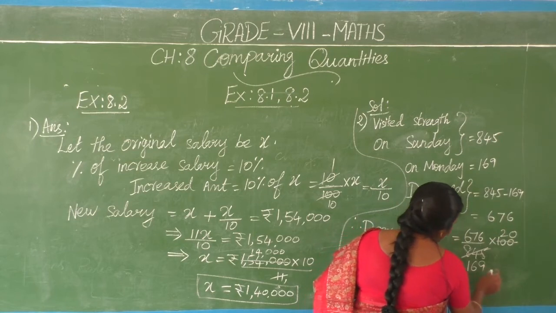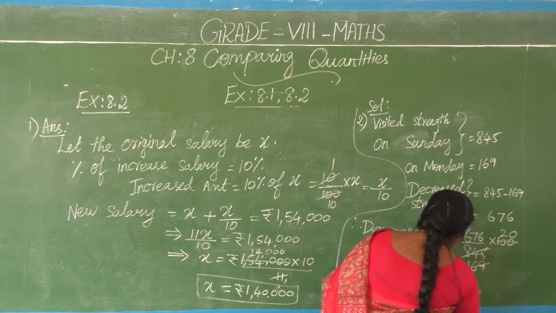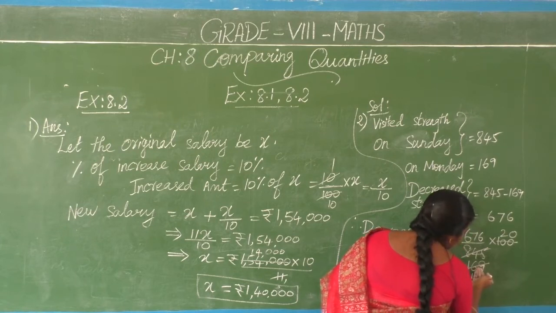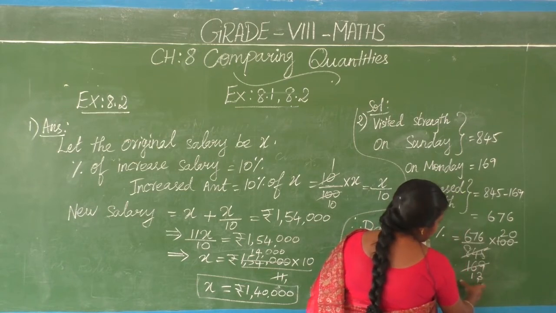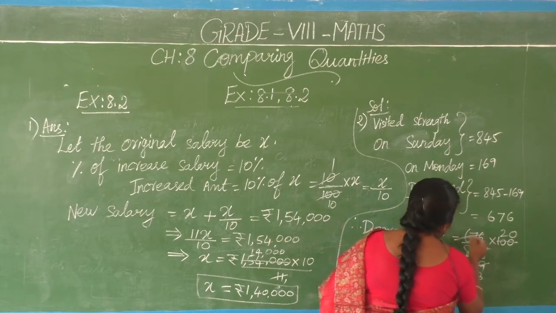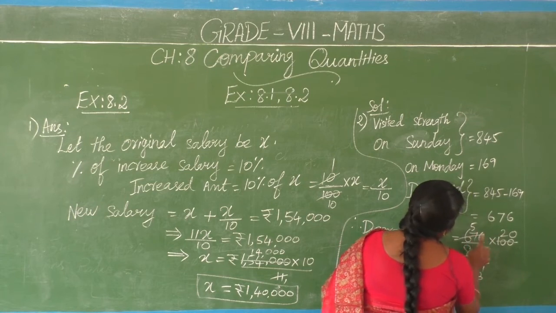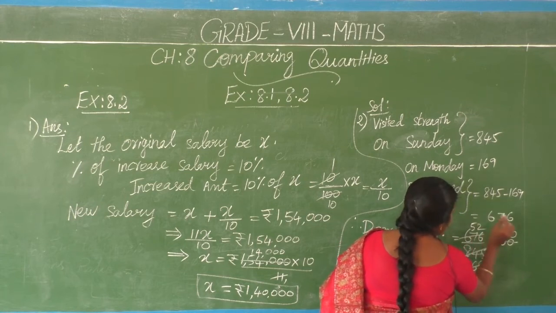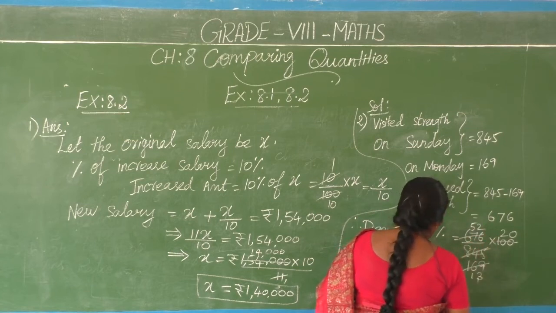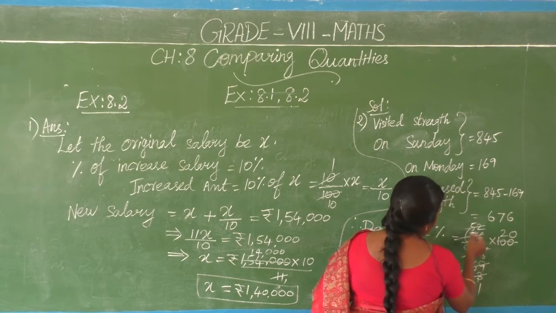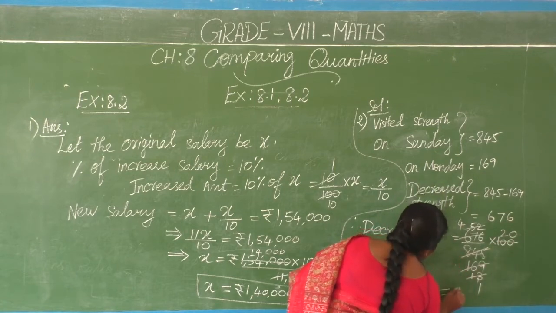Again, by which can we cancel this? By the 13th table you can cancel. 169 is 13 13s. Here 676, 5 13s are 65, remainder 2; 26, 2 13s are 26, so 52 13s are 676. Again 100 by 13, 4 13s are 52. 4 into 20 is 80%.